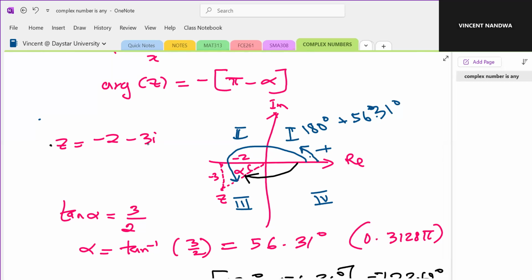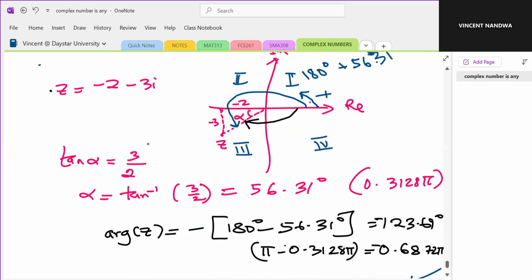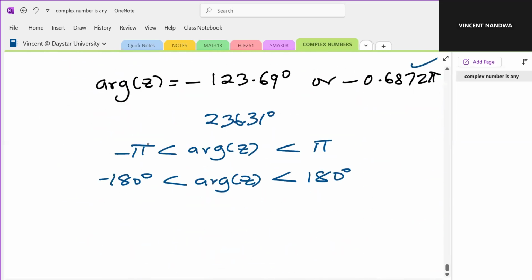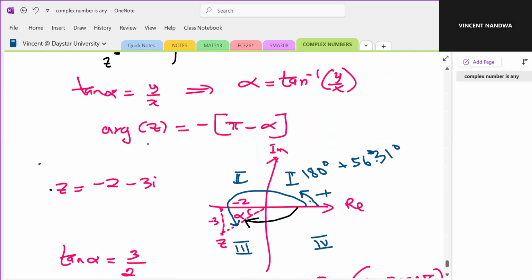And so when you are in the third quadrant, if you have to measure the size of this angle going in the positive direction, you see that you'll actually be surpassing 180 degrees. So if you want to restrict your argument to be a principal argument, then you'll not go with this direction once you're in the third quadrant.